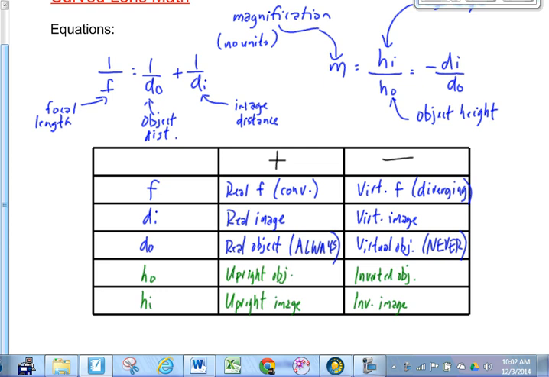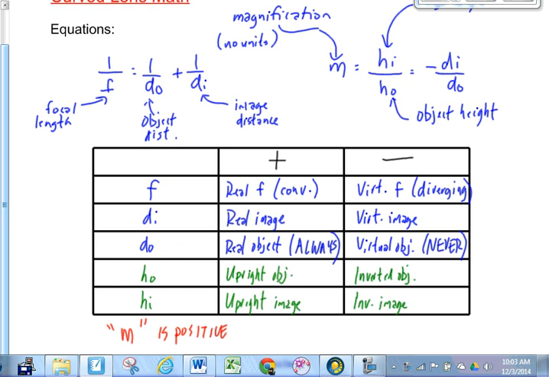There's one more here that doesn't really fit into the table. It's the magnification. The magnification is positive when the image and the object are both either upright or inverted.